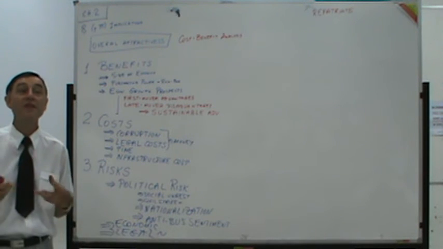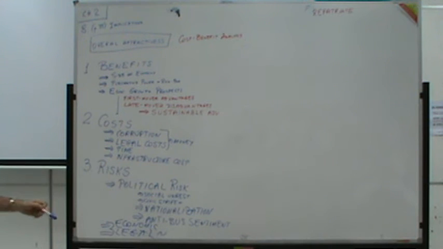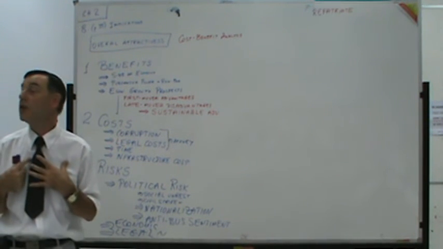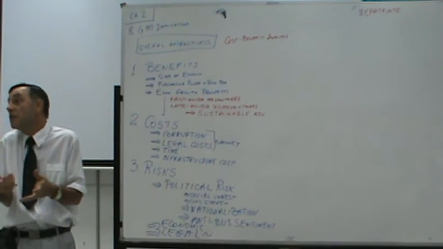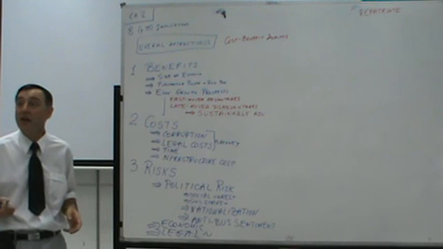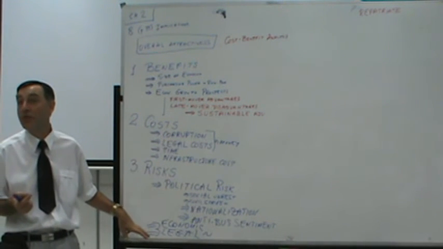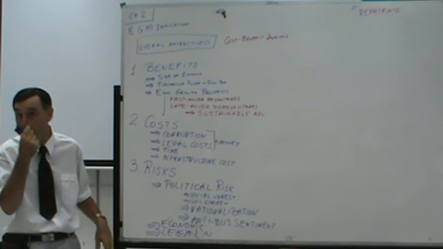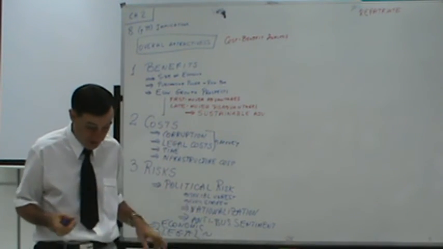The more advanced the country, the more developed the country, the lower will be the risks. For example, Bulgaria will be a very high-risk country, and Sweden will be a very low-risk country. Again, Greece will be a relatively high-risk country, and Singapore or New Zealand will be a relatively low-risk country.